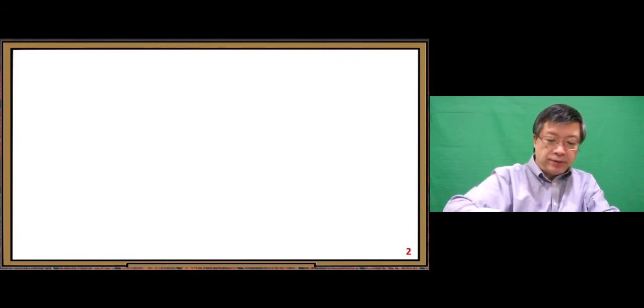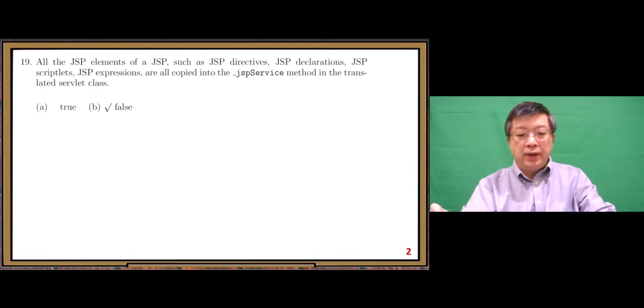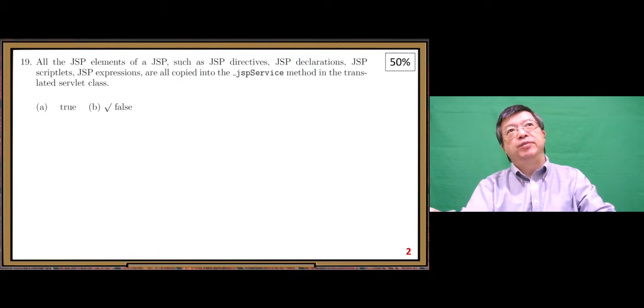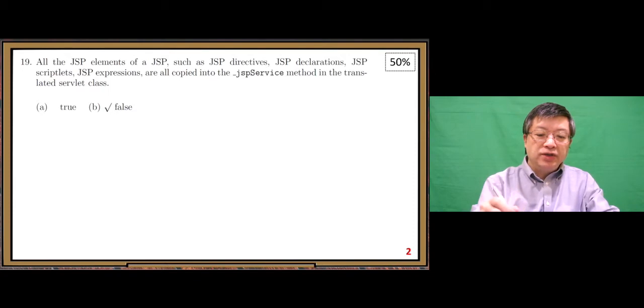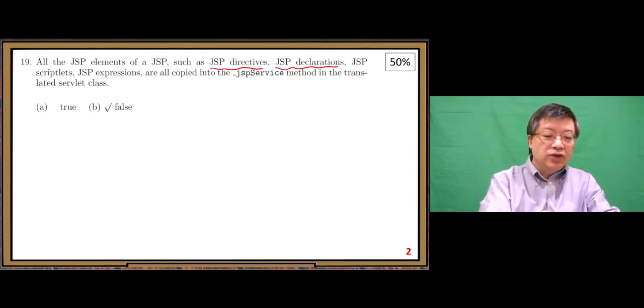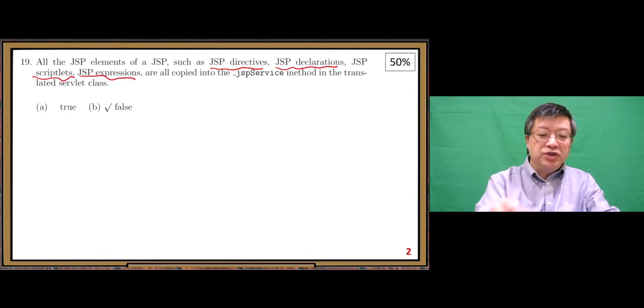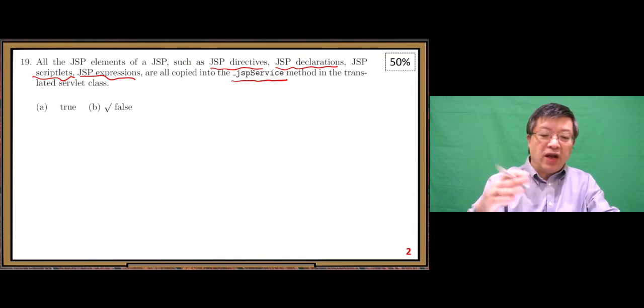Next question, number 19. Miss rate 50%, pretty high. All the JSP elements of a JSP, such as JSP directives, declarations, scriptlets, expressions, are all copied into this method in the translated servlet class.